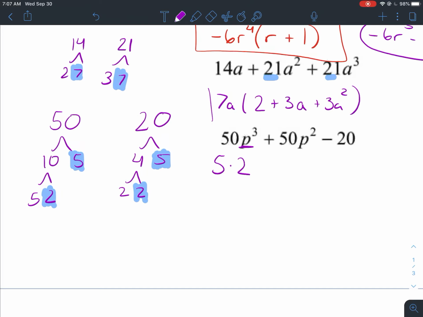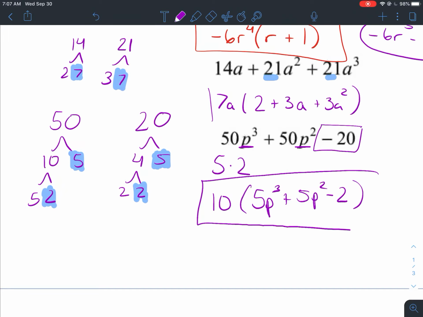Then let's take a look at the p's. This one has 3 p's, this one has 2 p's. This doesn't have any. So since this last term doesn't have any p's, I can't take any p's out. So my greatest common factor is going to be 10. And I'm going to get 5p cubed plus 5p squared minus 2.